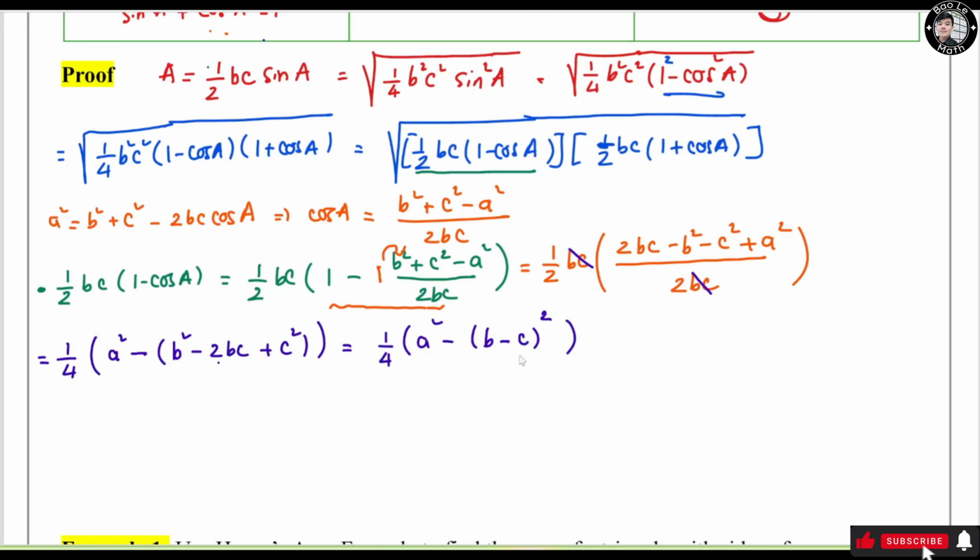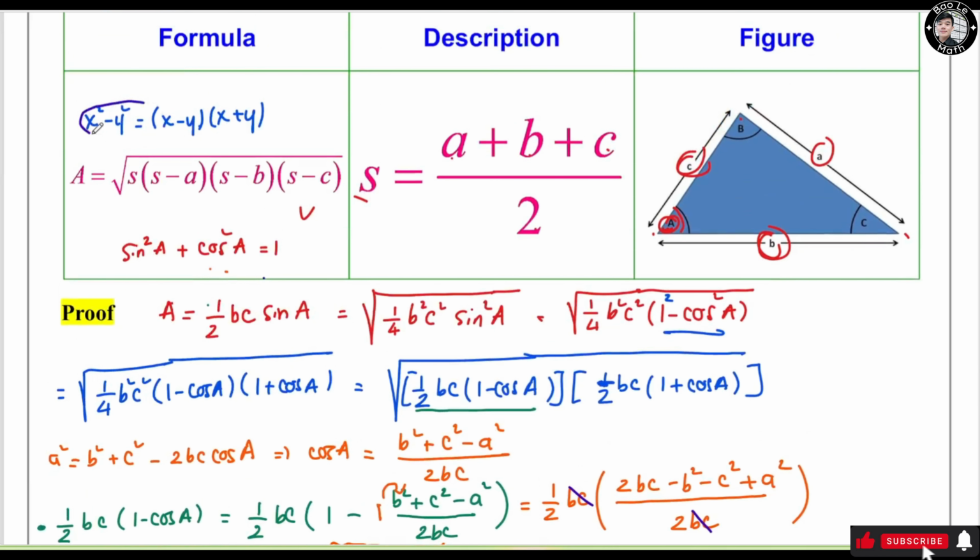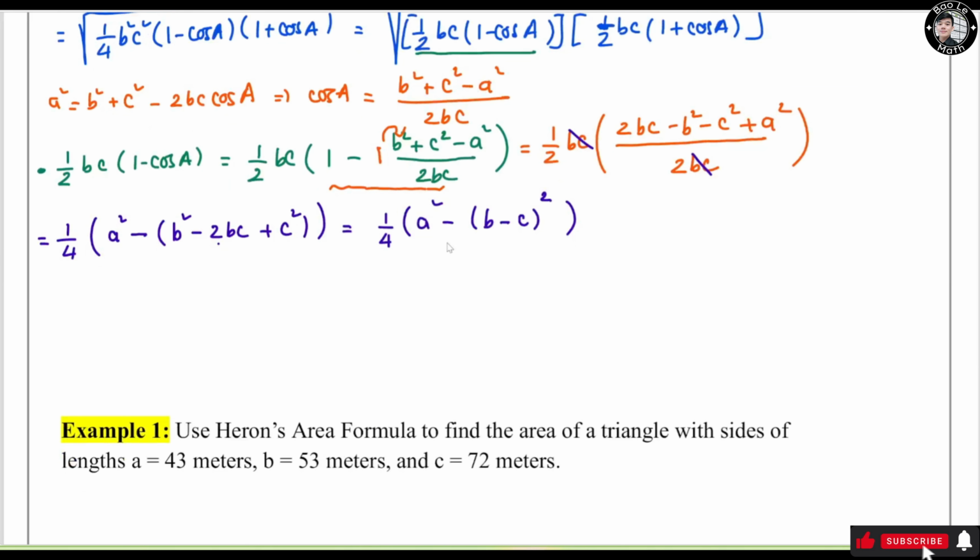This one is a complete square formula, and we're going to use the difference of two squares formula. In this situation, x is a and y is b minus c. So it could be 1/4 times (a minus (b minus c)) times (a plus (b minus c)).